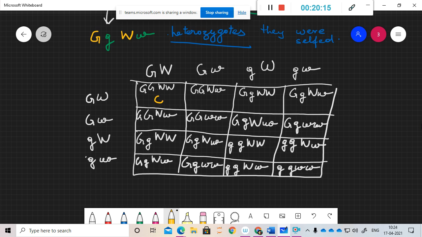Now if you look at this particular thing, this was yellow round, this was also yellow round, and so on. But here, small w there, a new assortment came, a yellow wrinkled.